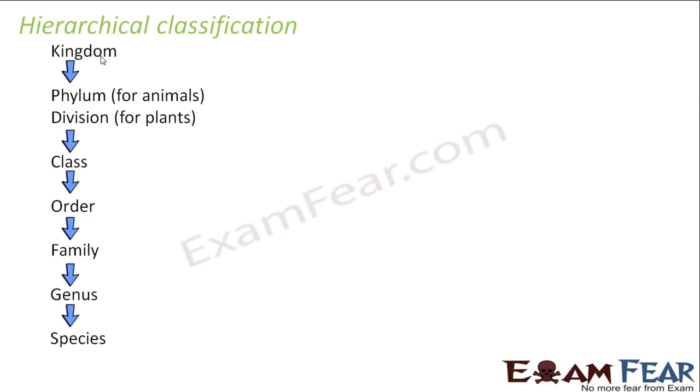Now inside that plant, some plants will be flowering, some will be non-flowering. So then again they will keep on subdividing. That kingdom will have many phylum, and each phylum will have many classes. Let us suppose there is one kingdom. One kingdom will have many phylum or division, phylum for animals and division for plants.